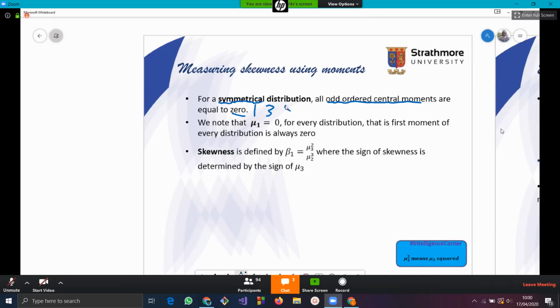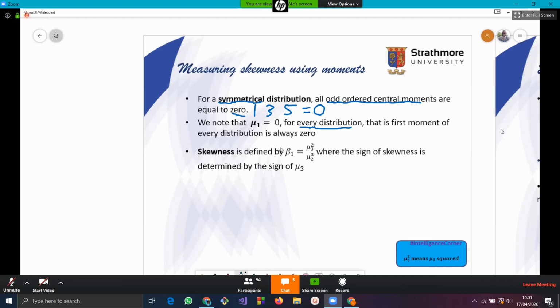They are all equal to 0 if the distribution is symmetrical. Then note also that the first moment of all distributions is also equal to 0. We are going to apply this, not to cram.